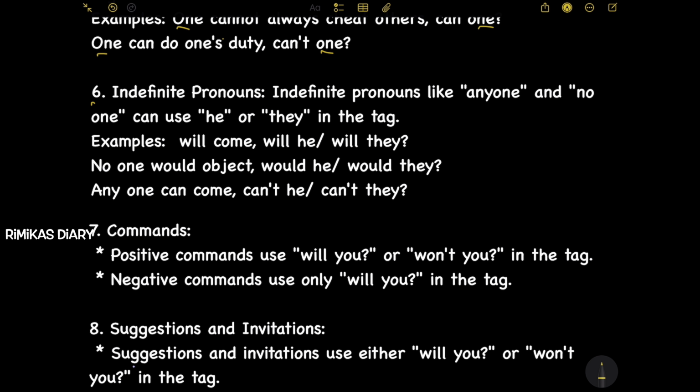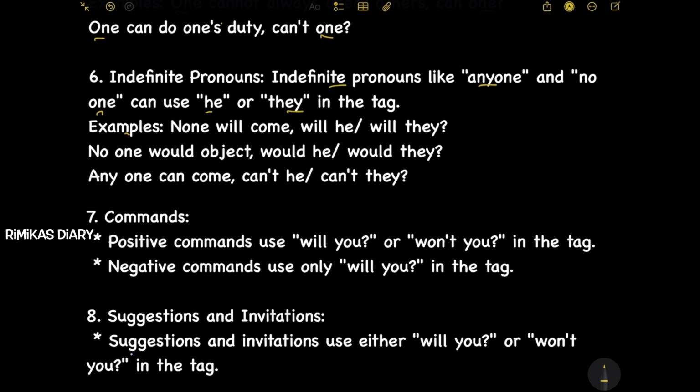Sixth, indefinite pronouns. Indefinite pronouns like anyone and no one use he or they in the tag. Let's see the examples. None will come, will he?